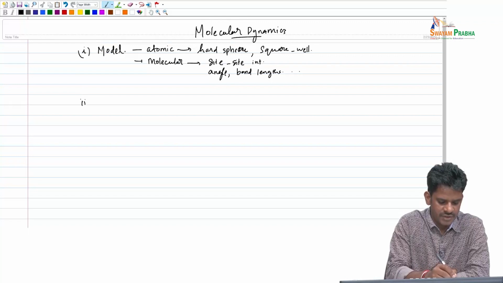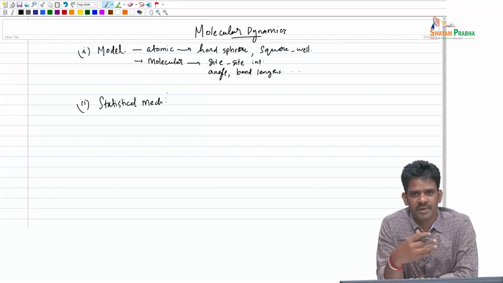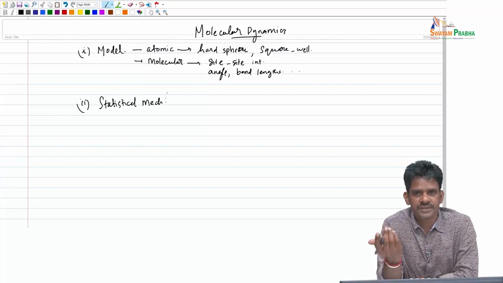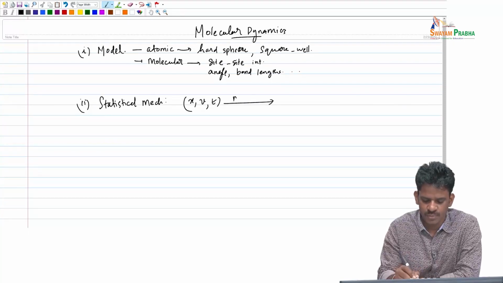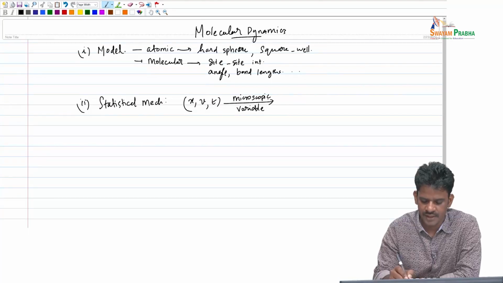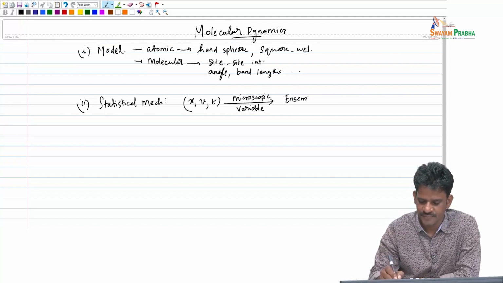The second thing we talked about is statistical mechanics, or the principles of statistical mechanics, where we said that for a system of n particles, if you are able to generate trajectories, that is the positions and the velocities as a function of time, then we take these microscopic variables and process them to get ensemble averages of thermodynamic quantities.